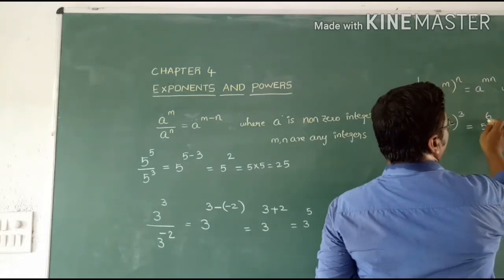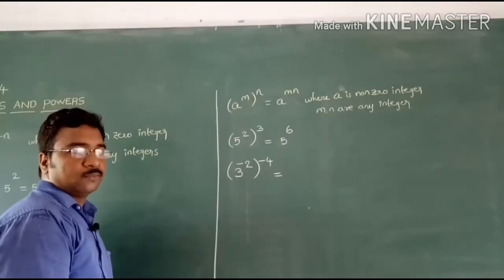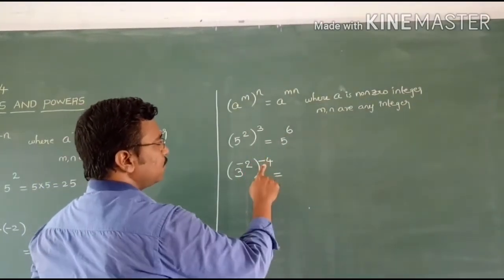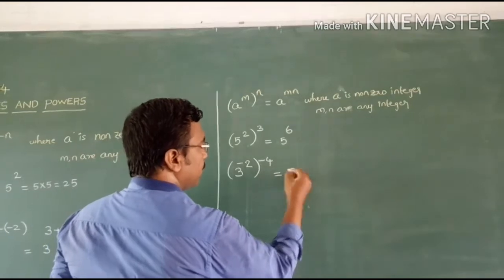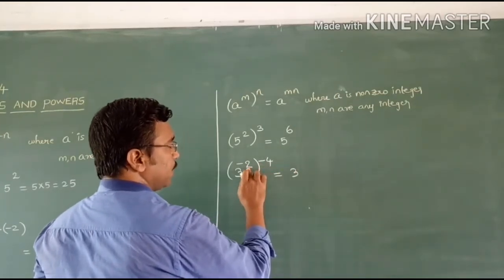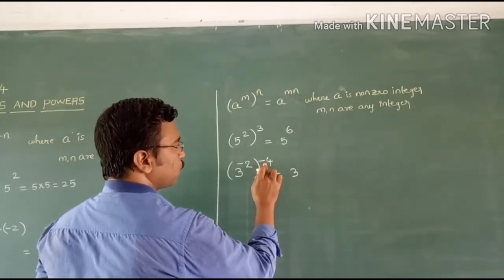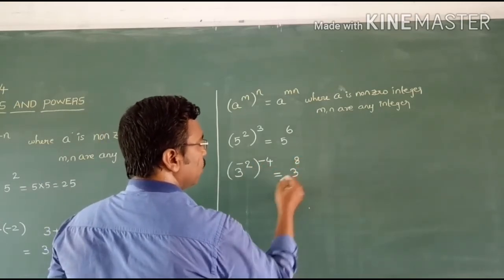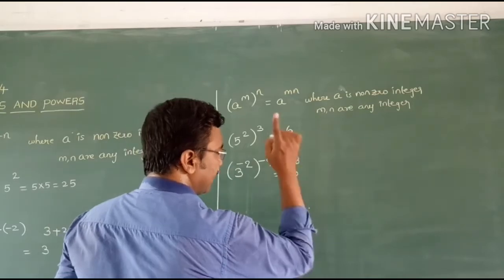So this is 5 power 6. Here the m is minus 2 and n is minus 4. m into n is nothing but minus 2 into minus 4, which is plus 8. We will get 3 power 8.